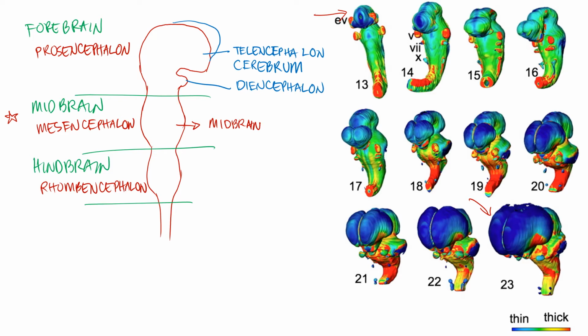Okay? Your telencephalon is even further subdivided into your dorsal and your ventral. But don't worry about that because basically your dorsal telencephalon will basically give rise to your cerebral hemispheres.